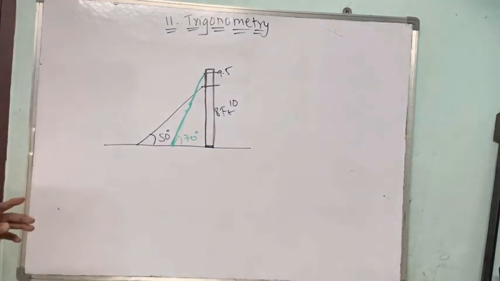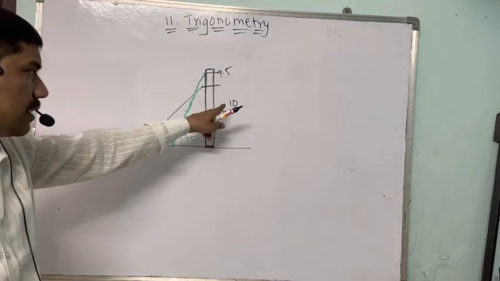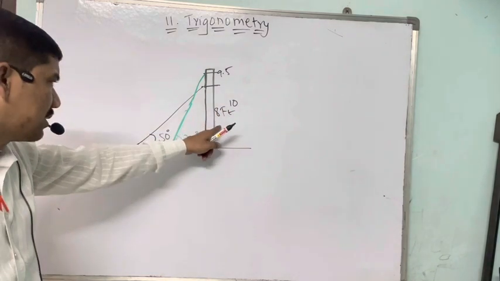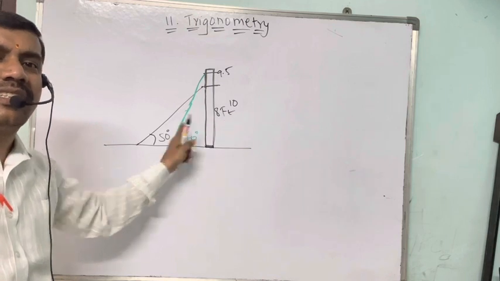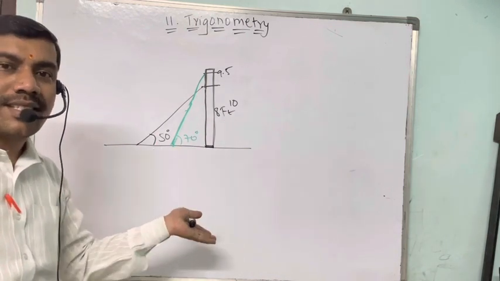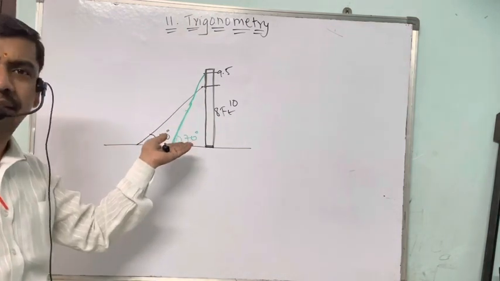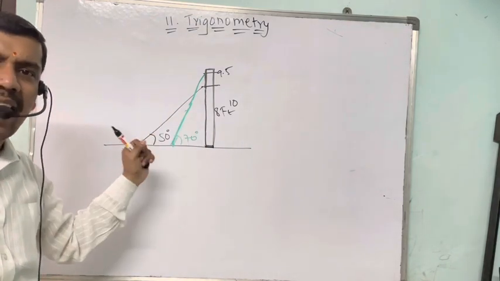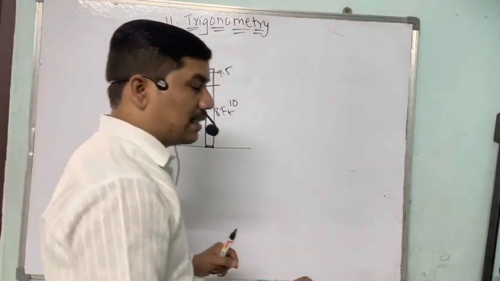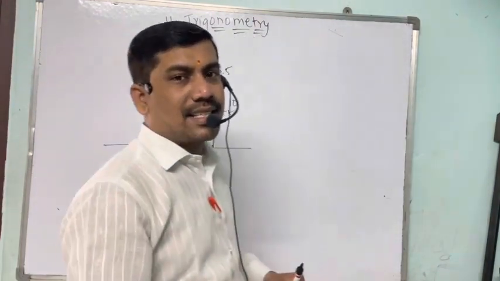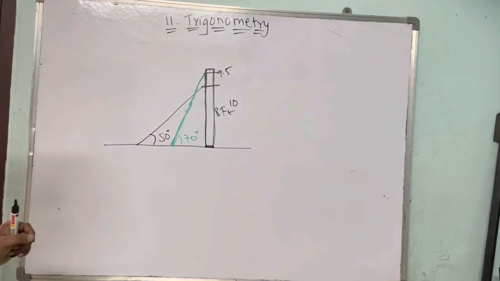Now see student, there is a relation between side and angle. I want to reach 8 feet, the side is 8 feet, then the angle was 50 degrees. Side increased, angle also changed. Side changed, angle changed. That means there is some relation between angles and sides in a triangle.